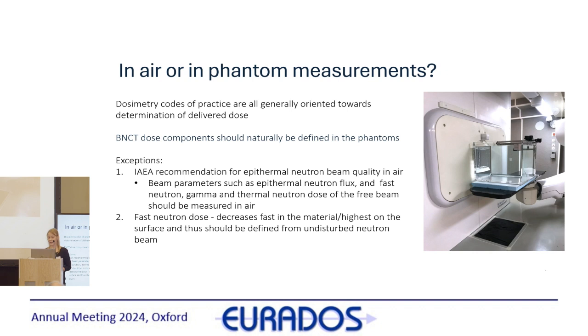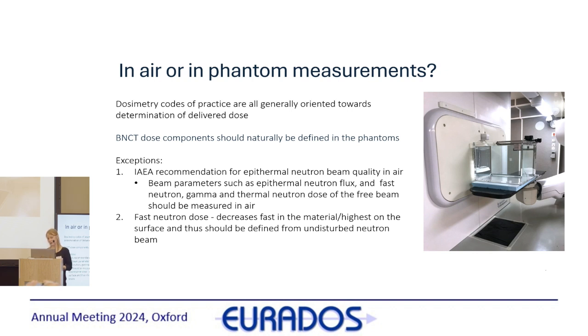IAEA has recommended certain parameters for the epithermal neutron beam quality. There are recommendations for how much thermal neutron, fast neutron, and gamma contamination is allowed in the neutron beam. And the only way to measure that is in free beam.